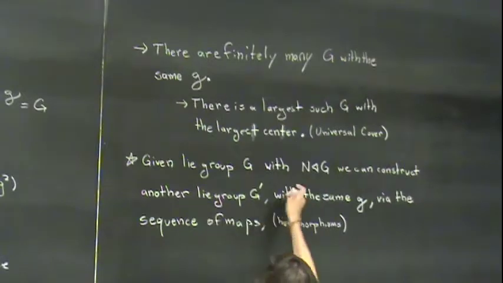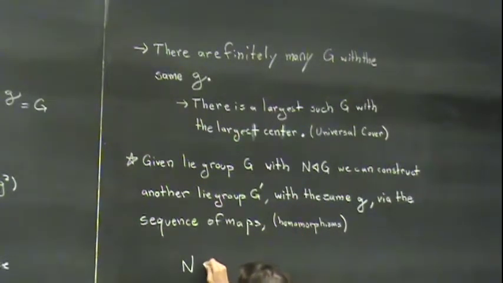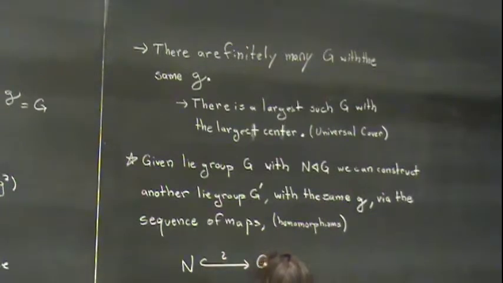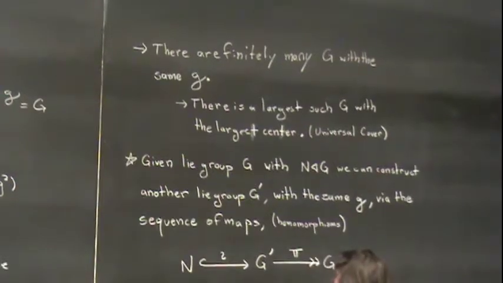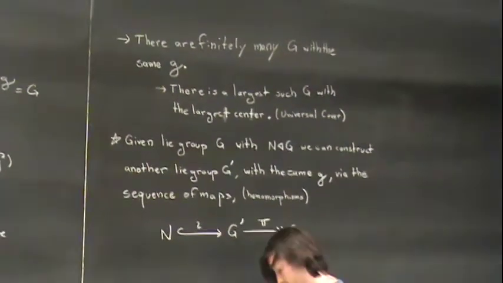The idea is we take this normal subgroup and we use an inclusion map iota to include it in G, then we project down to G prime by some canonical projection or some surjection pi, right?